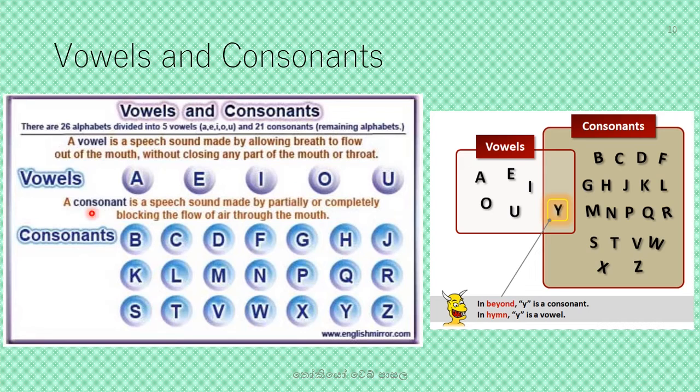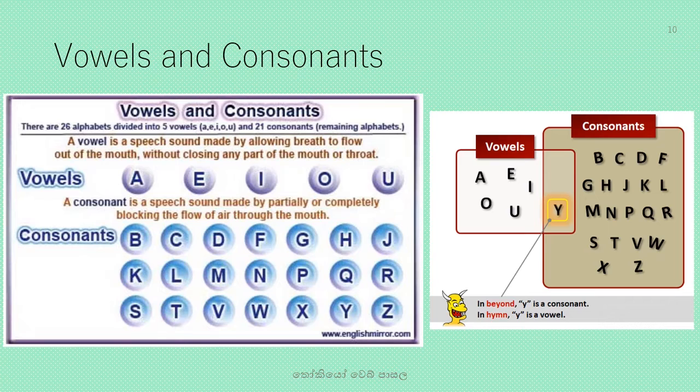Whereas consonant means the remaining letters in our alphabet. So what is common here? When we are pronouncing these letters, we block our breath by some means, maybe by teeth or by our lips. When we say B, our lips block the breath.